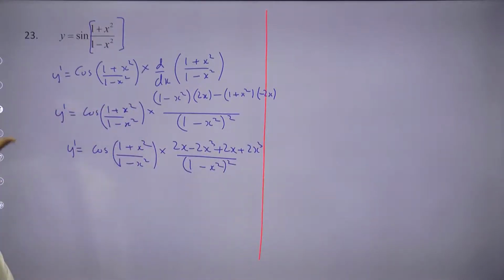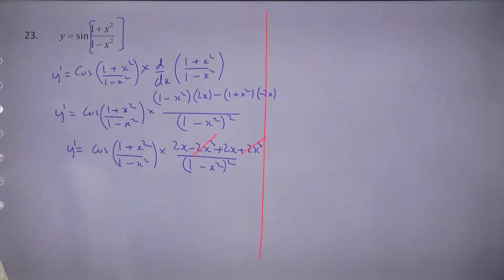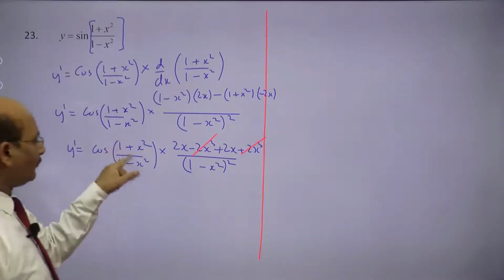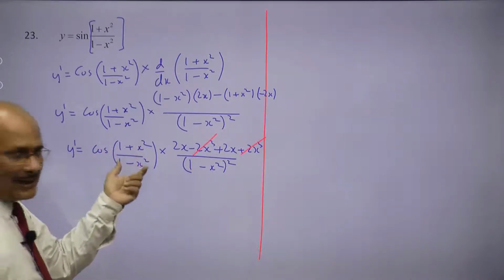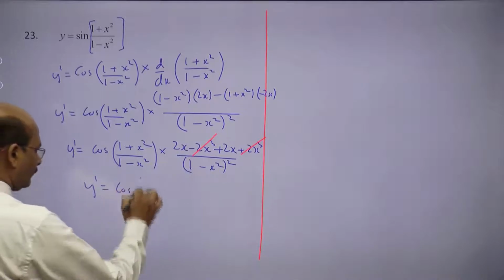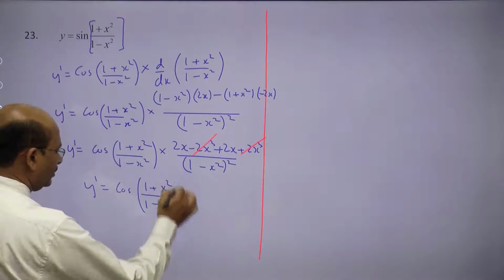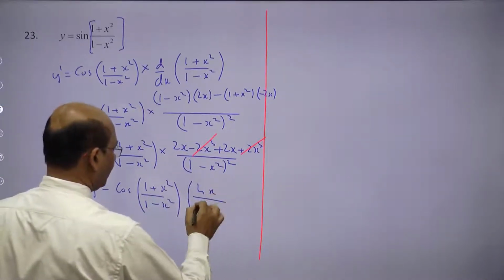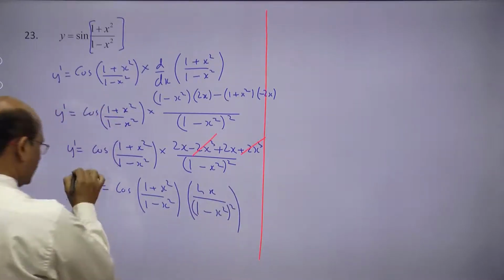So simple working, it's basic maths, again it is testing the accuracy or basic understanding, and I think I can just simplify this portion. Don't cancel anything out of this and this, because this is a part of the angle, cos theta, this is theta. Okay, so y dash will become cos of (1 plus x square upon 1 minus x square) into 2x plus 2x will become 4x upon (1 minus x square) whole square.